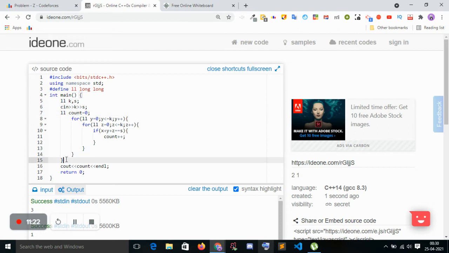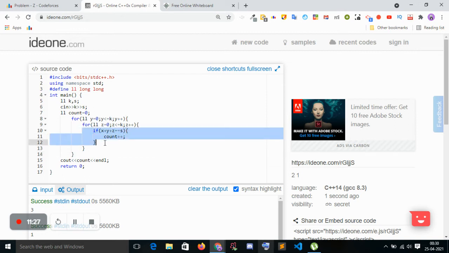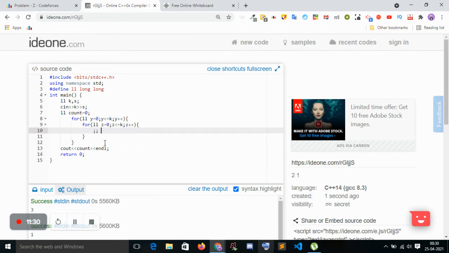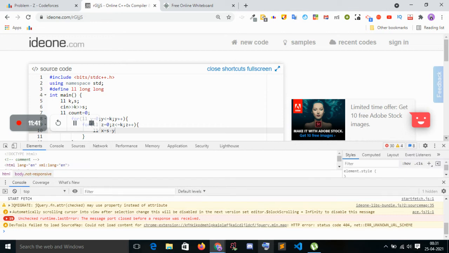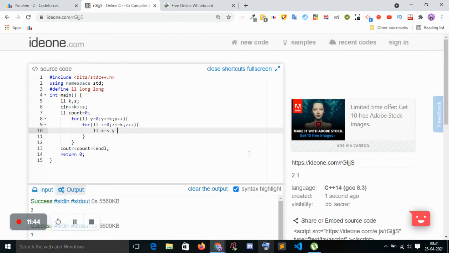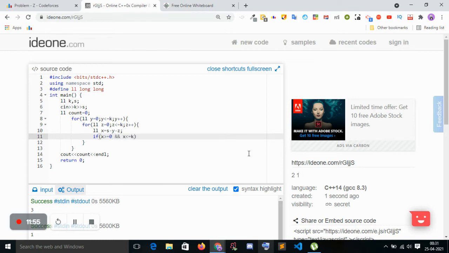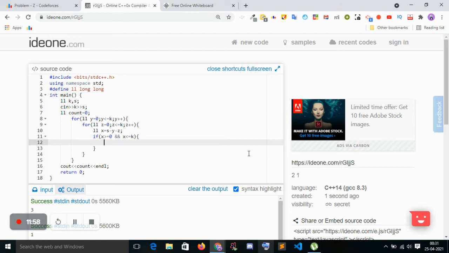Right now we have two loops, and we are not looping over x. What we are checking is: x equal to s minus y minus z, and if x is greater than or equal to 0 and x is less than or equal to k, then count plus plus.